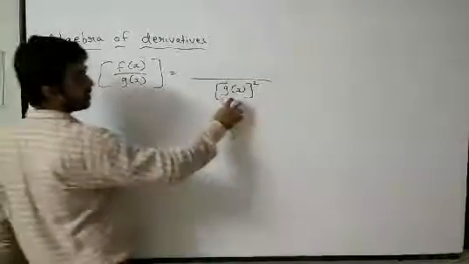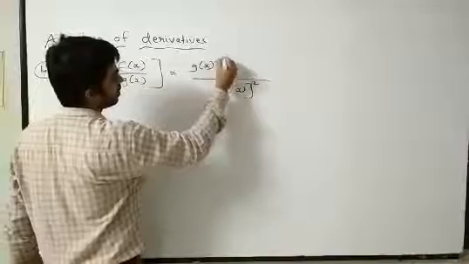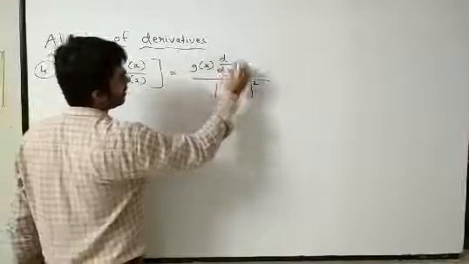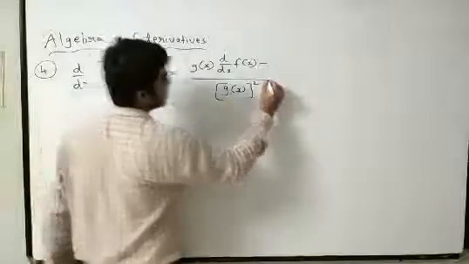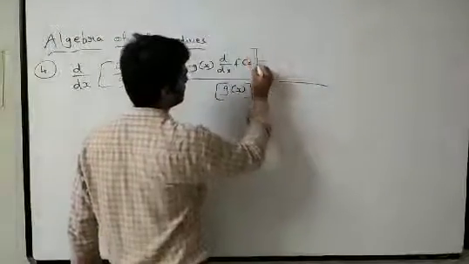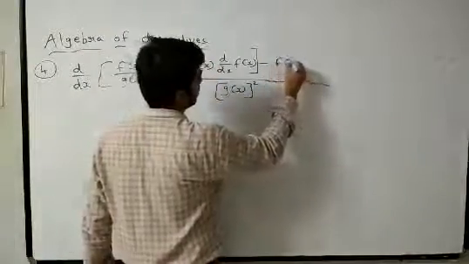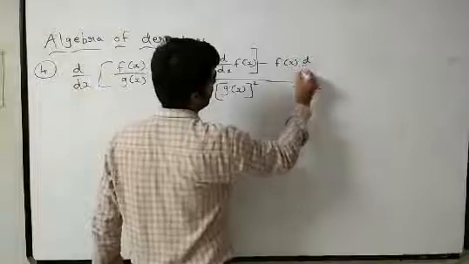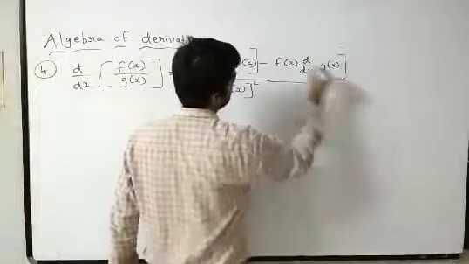Now that particular function you keep as it is, and you solve d by dx of f of x, minus f of x you keep as it is, then you solve d by dx of g of x.